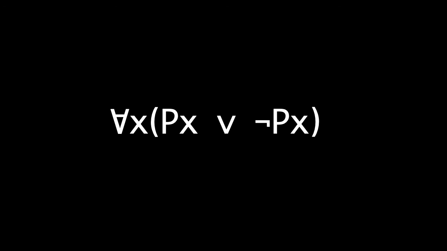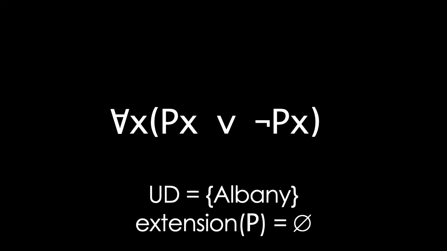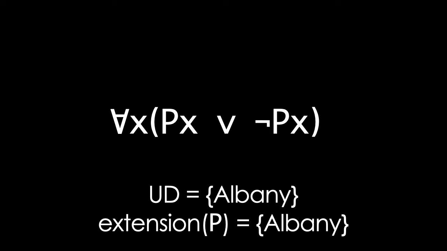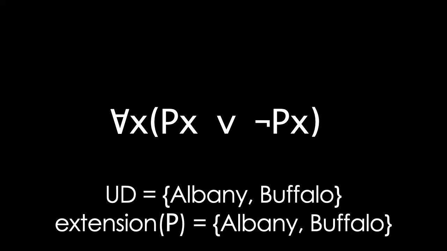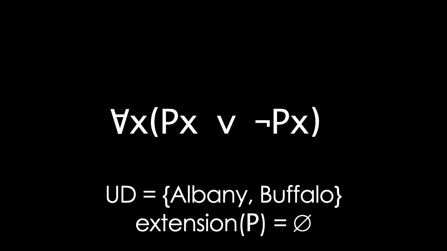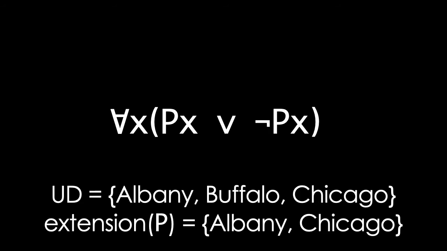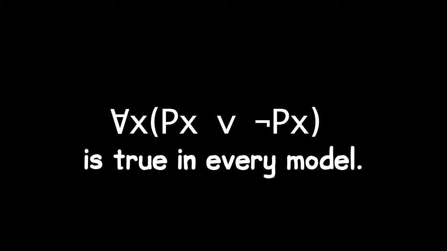Consider this sentence. For all x, Px or not Px. We can make it true easily enough. You might want to pause the video and confirm that this model makes the sentence true. The trick is that this sentence would be true regardless of what model we constructed. In fact, for all x, Px or not Px is true in every model.